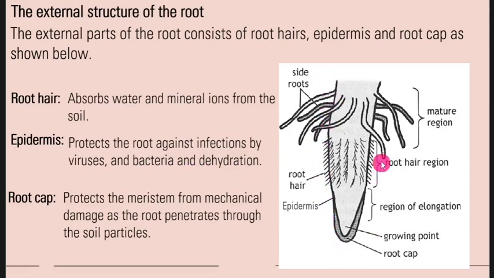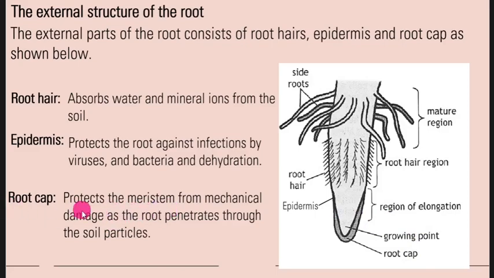It protects the root. Then the root cap, which is this part here, protects the meristem from mechanical damage as the root penetrates through the soil particles. The growing point of the root is what is known as the meristem.